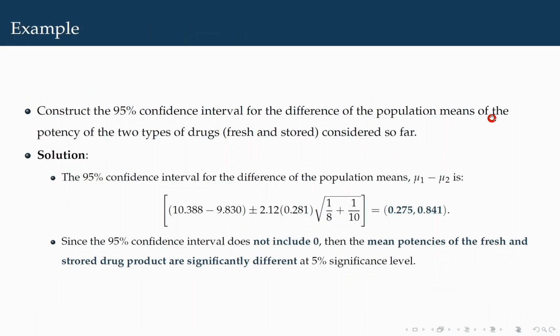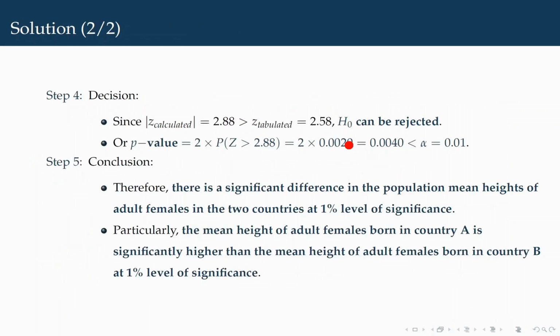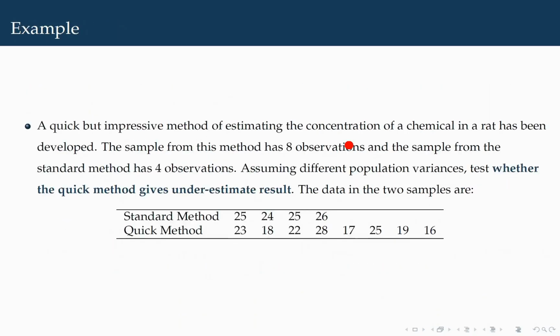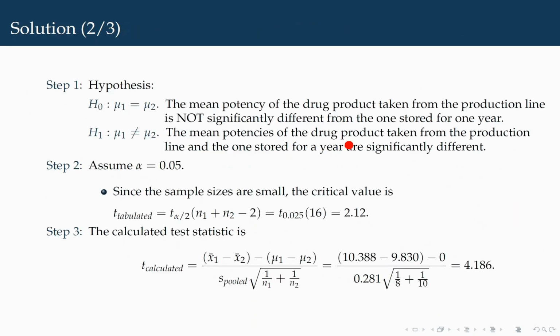So now let's consider one example. Construct the 95% confidence interval for the difference of the population means of the potency of the two types of drugs, the fresh and the stored, considered before. Let me go back to that example one more time.